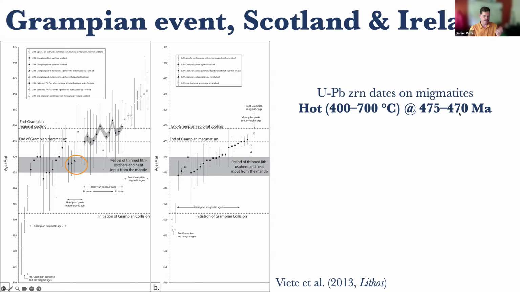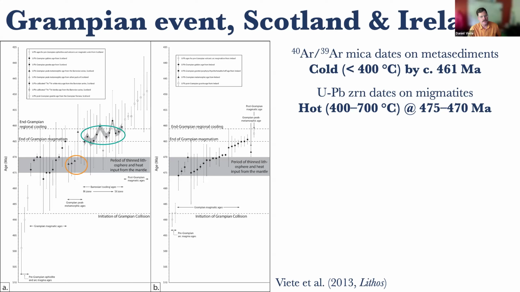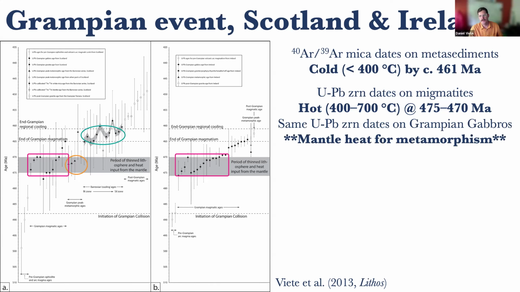These are supported by samarium-neodymium garnet dates from Ethan Baxter, back when he was working in this area as well. And so we've got peak metamorphism at about 475 to 470 million years ago. There are some argon-argon white mica dates on metasediments, which start at about 461 million years ago, which means that the system had cooled through about 400 Celsius by then.